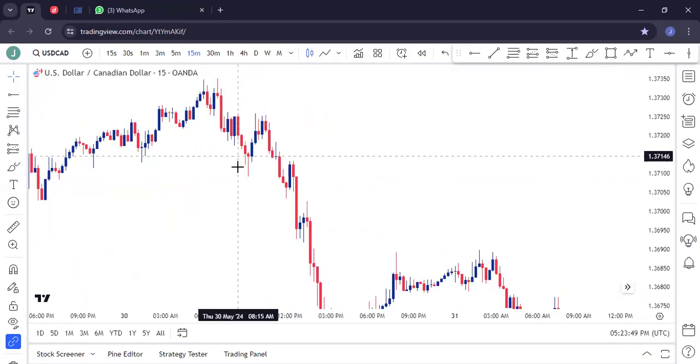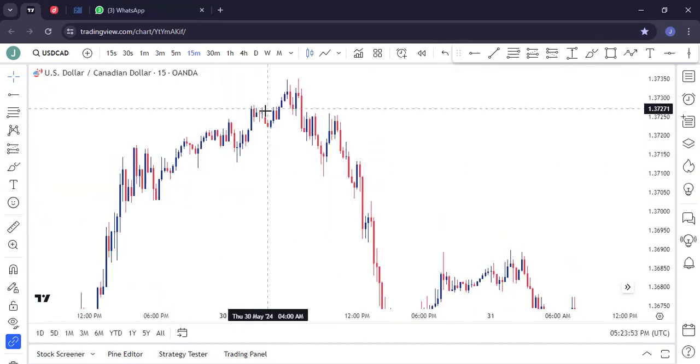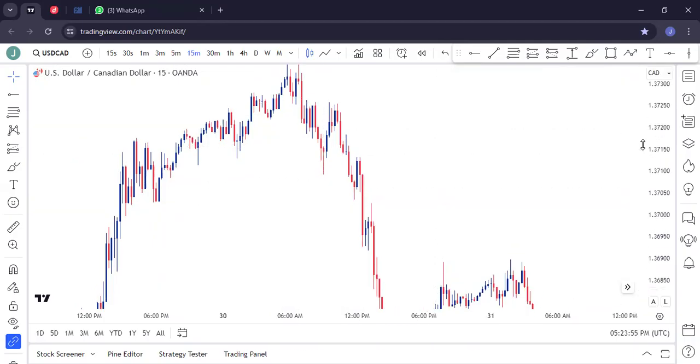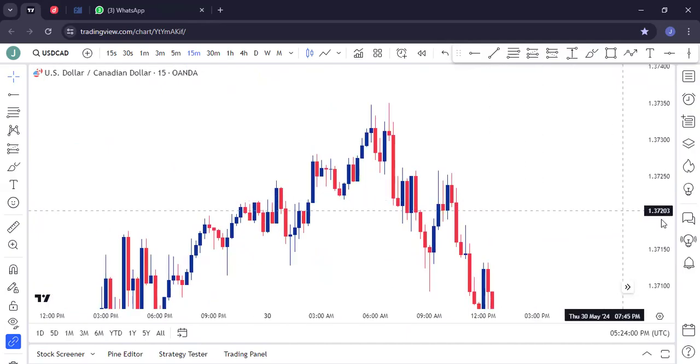It was this point, I think. Okay, so look close here. This is one example of the simple compressive liquidity engineering.